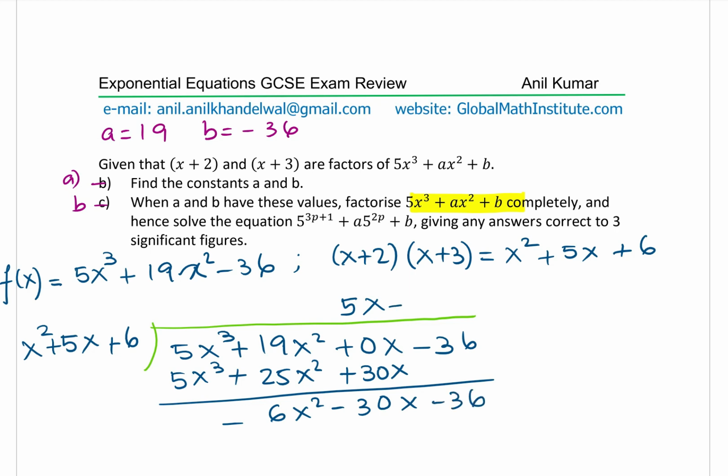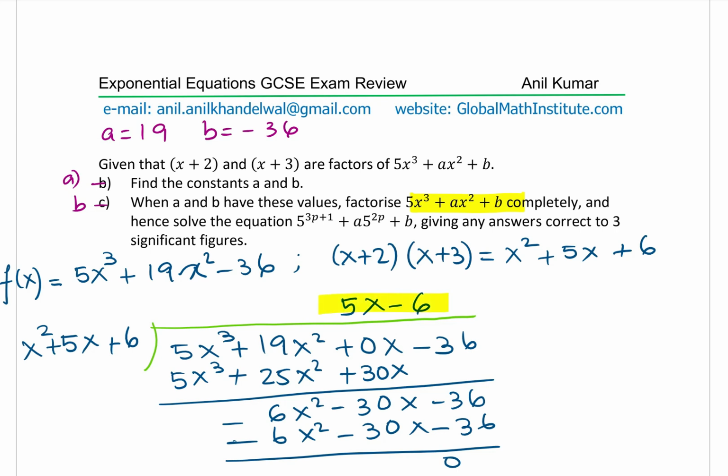Now it'll go 6 times negative. So we get negative 6x squared minus 30x plus minus 36, all negative. And what you get here is 0 as the remainder. So now you know that the third factor is 5x minus 6, correct? So that is how we got the third factor, which is 5x minus 6.